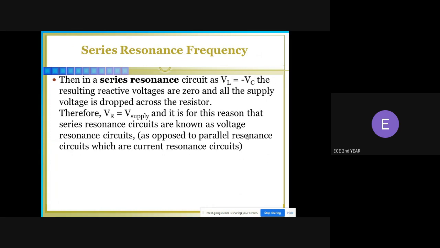At resonance, the inductor and capacitor interchange the energy. The inductor transfers its magnetic energy into the capacitor, and the capacitor transfers its electrostatic energy into the inductor. So the energy is interchanged between inductor and capacitor at the resonance condition, and the source supplies power only to the resistor.